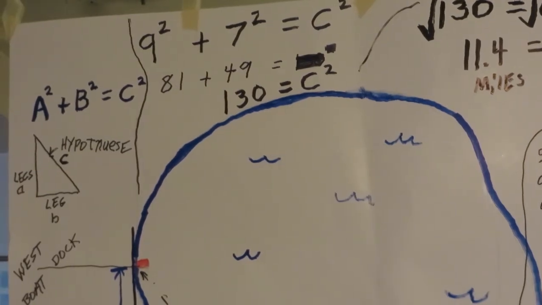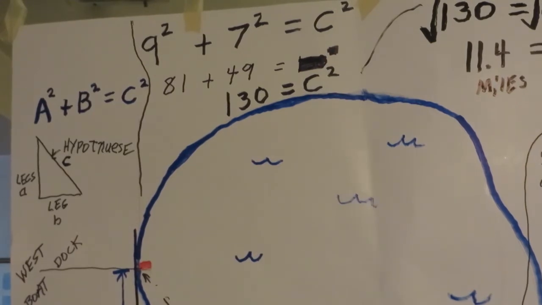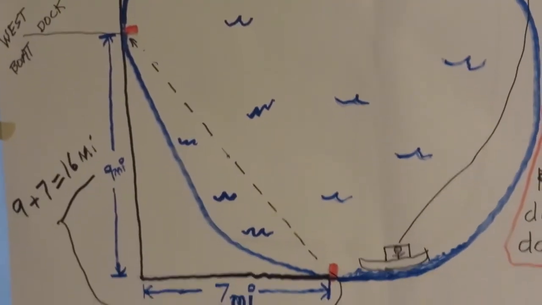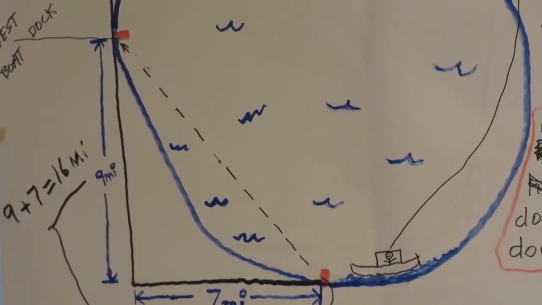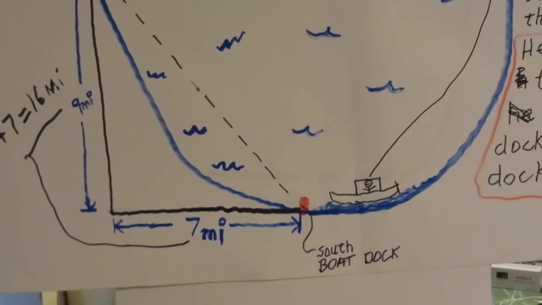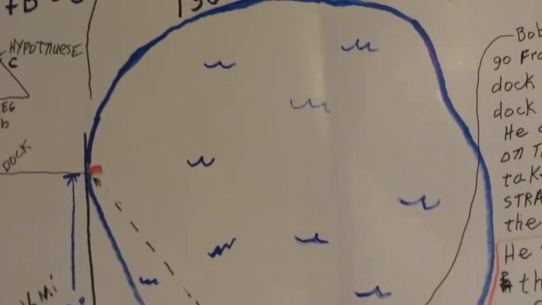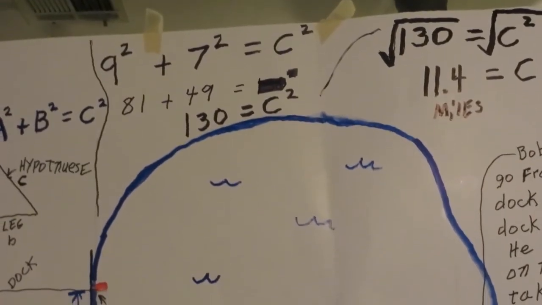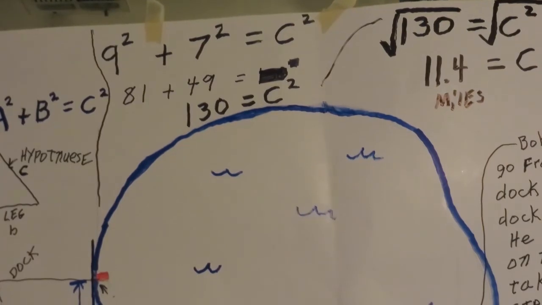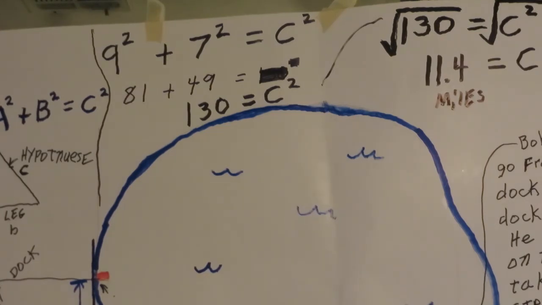The way we do it is we plug the numbers in. 7 miles for side B, 9 miles for side A. The second step is to change them from exponential numbers to ordinary numbers. 9 squared is 9 times 9, which is 81. 7 squared is 7 times 7, which gives us 49.